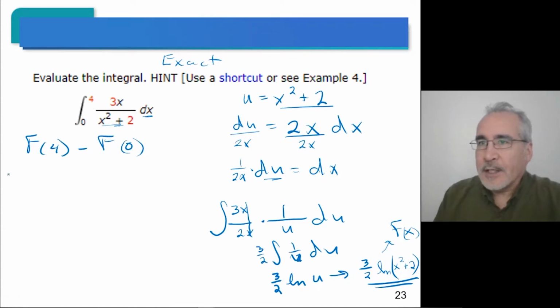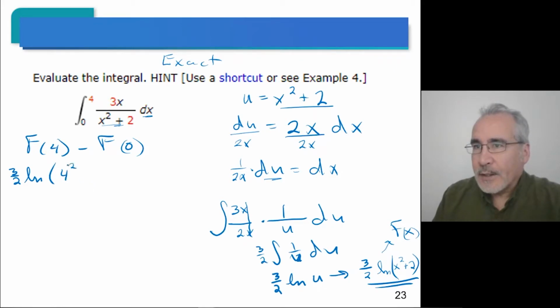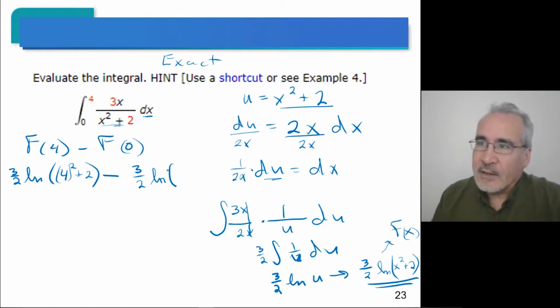So this function here, we're going to have 3/2 natural log of x squared, so that's 4 squared, plus 2, minus 3/2, that's from down here, natural log of x squared, but x is 0, plus 2.